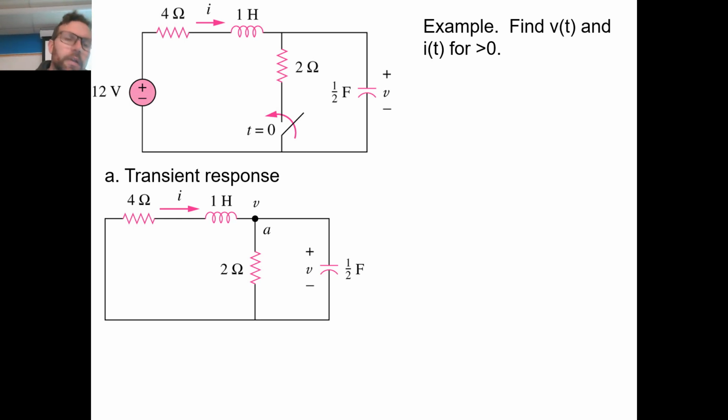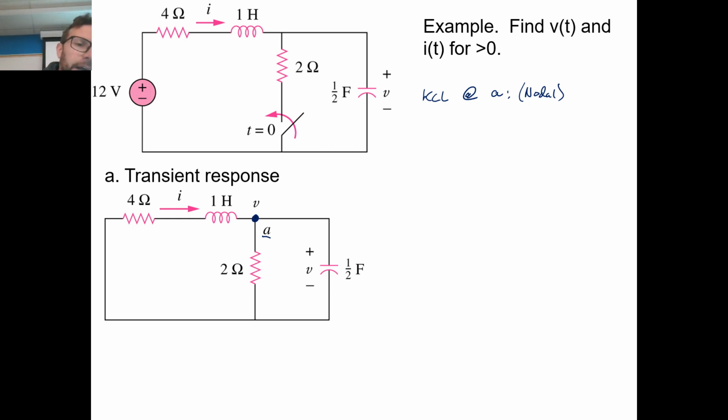We're going to call this point, which is already labeled for us as point A. We're going to do a KCL at A, in other words, the nodal approach. So what do we have?